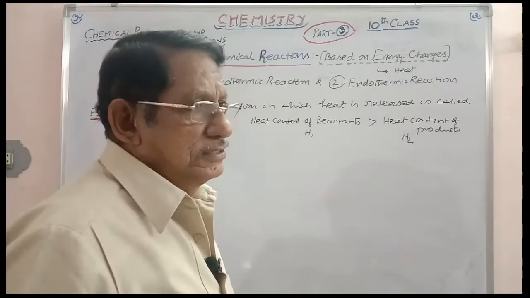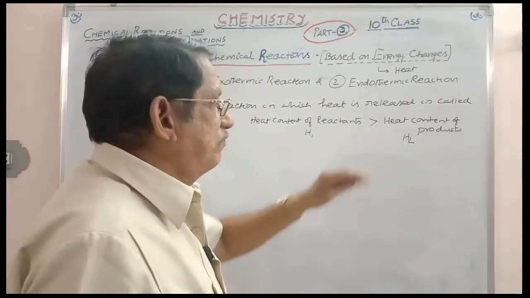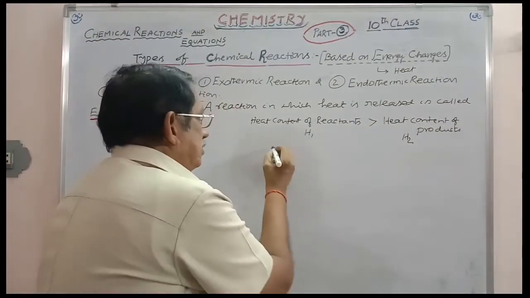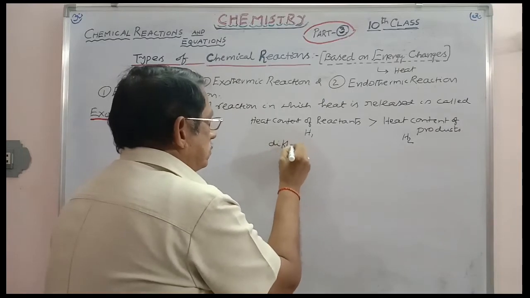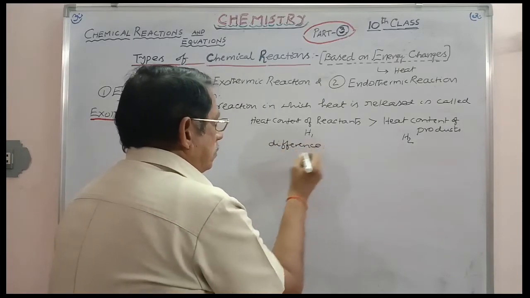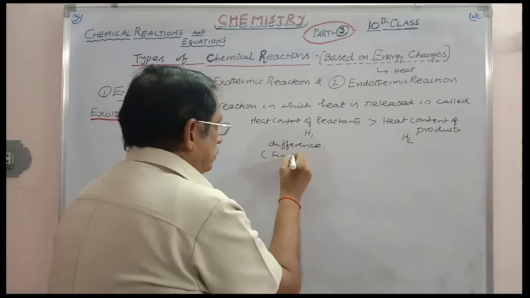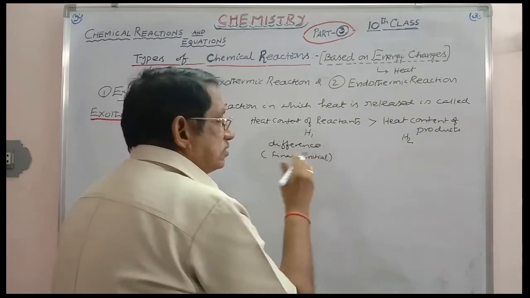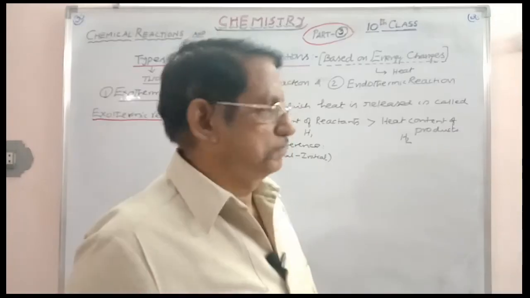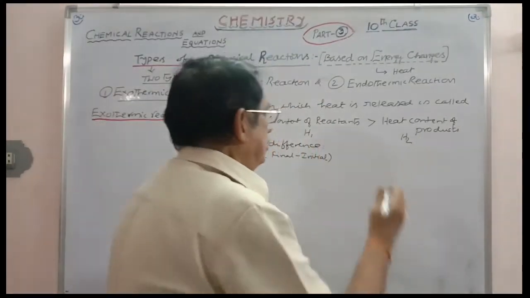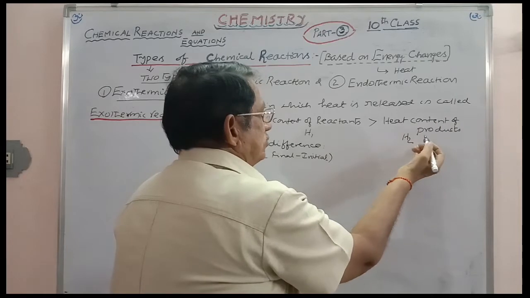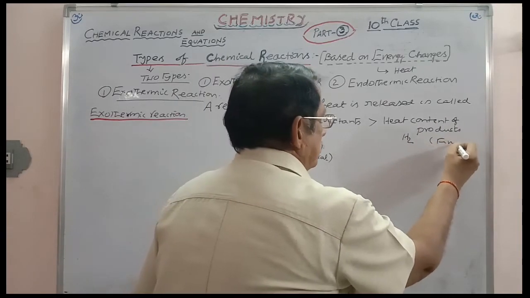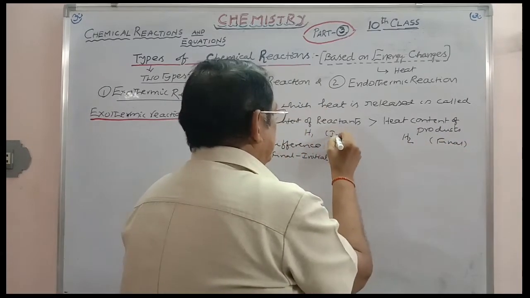What is the difference? Difference means you have to take final minus initial. In this way you have to take the difference. This is the thermodynamical concept. So what is it here? Final is products, initial is reactants.